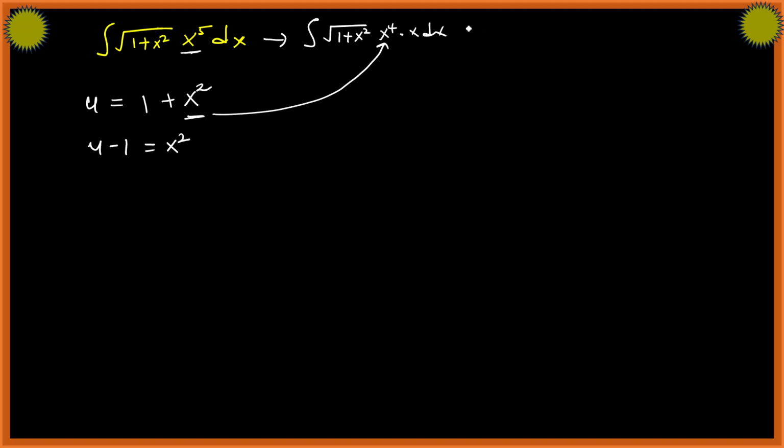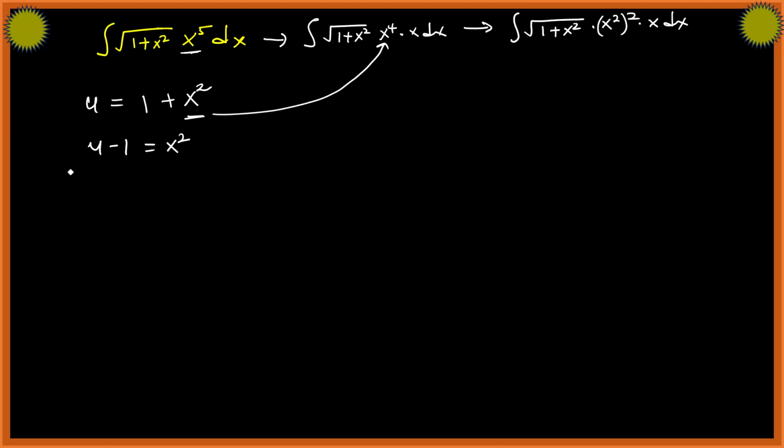So I can write this as the integral of 1 plus x squared, times x squared all raised to 2, times x dx. That's cool. So we have u minus 1 as x squared.